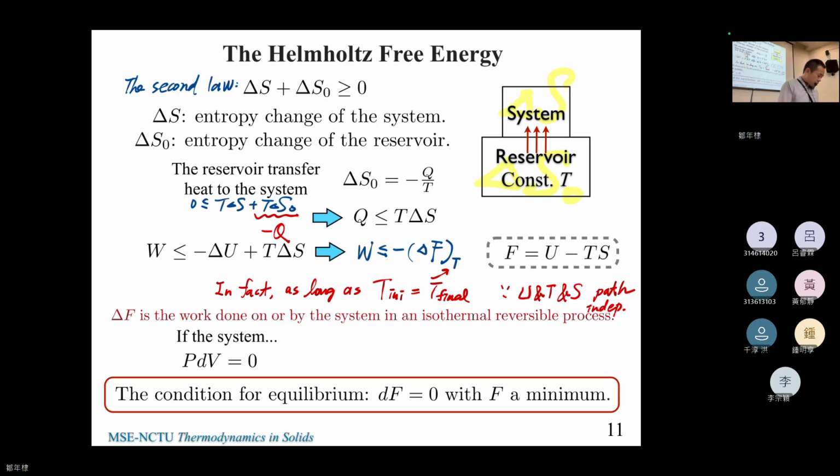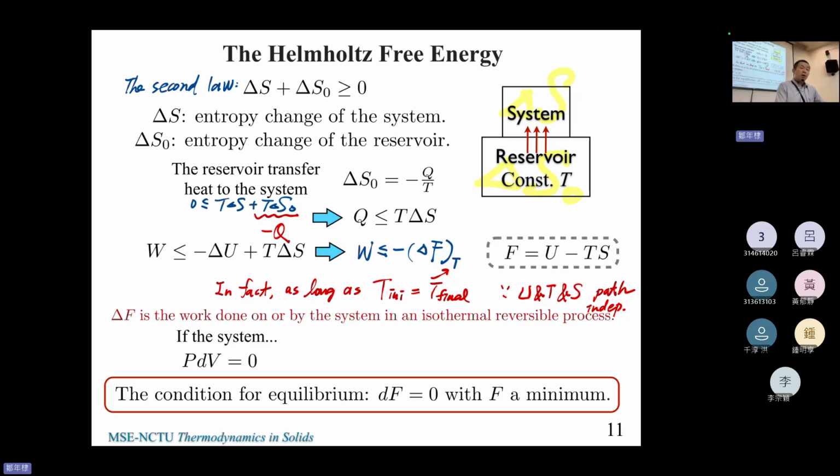Then you can see that delta F is the work done on or by the system in an isothermal reversible process. Isothermal means T initial and T final are equal.